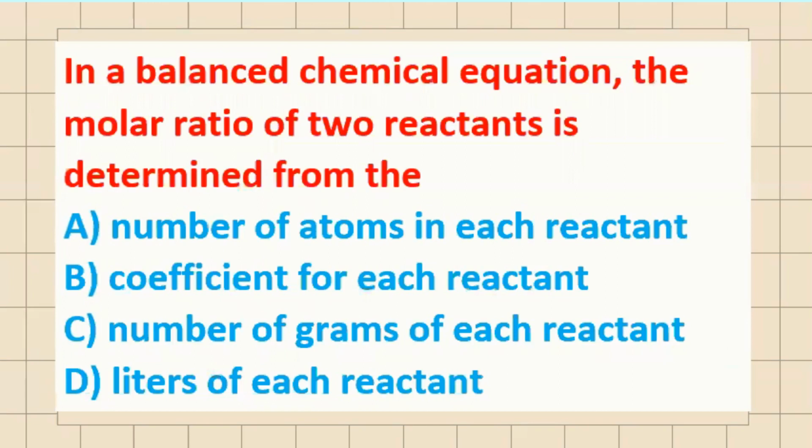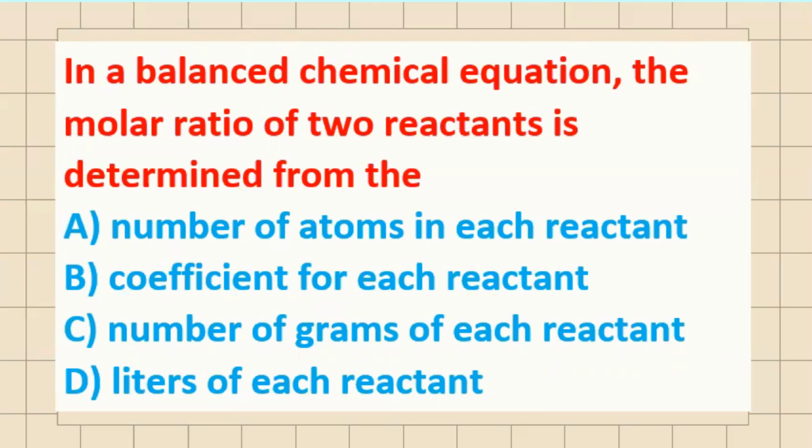Okay. In a balanced chemical equation, the molar ratio of two reactants is determined from: A, number of atoms in each reactant; B, coefficient for each reactant; C, number of grams of each reactant; D, liters of each reactant. How can you determine the molar ratio of two reactants? Molar ratio means moles of the reactant divided by the moles of what?